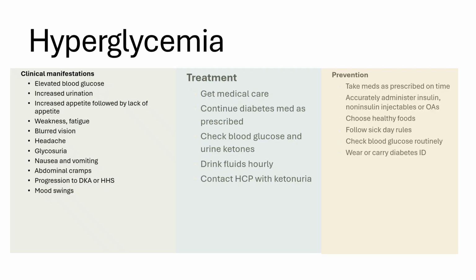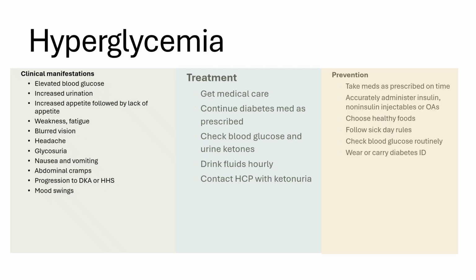So hyperglycemia, the causes of this could be from illness or infection, corticosteroids, too much food, too little or no diabetes medications, inactivity, emotional or physical stress, and poor absorption of the insulin. So it has a more gradual onset. The definition of elevated glucose varies by person. It's based on personal glucose targets.